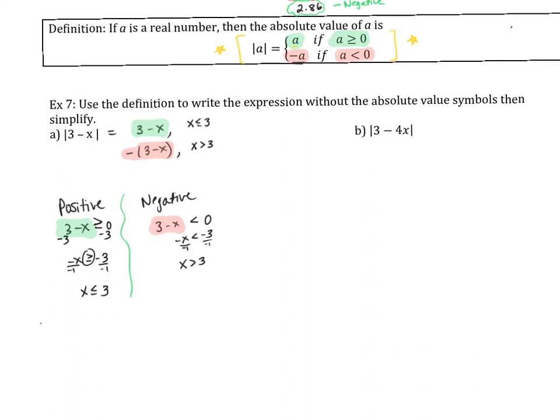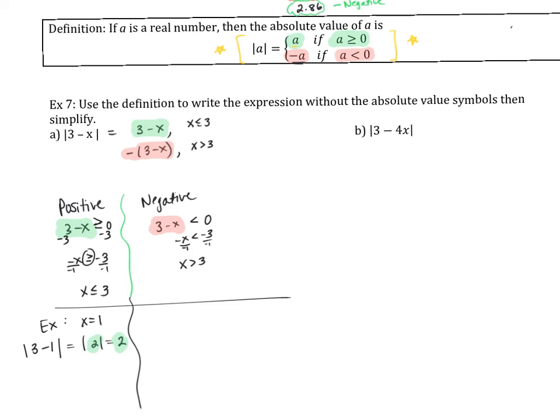Sometimes it's easier just to think of some examples here. Okay, so for example, if we had some little number, like let's say that x equals 1. Okay, so then we would have 3 minus 1. That would be the absolute value of 2, which is positive. So what the expression is positive. So what comes out is the same as what went in.